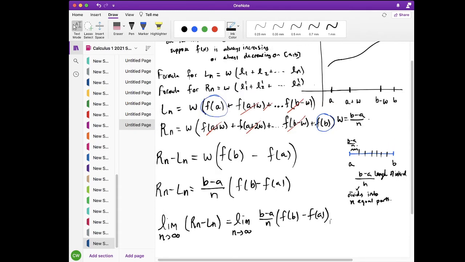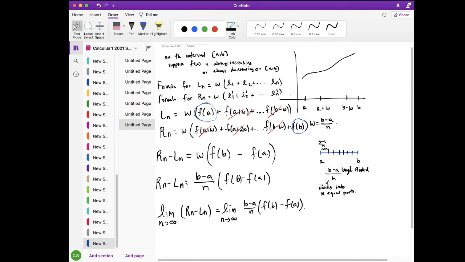Those are just the endpoints, right? N could be whatever it wants to be, but a, b, f of a will never change.